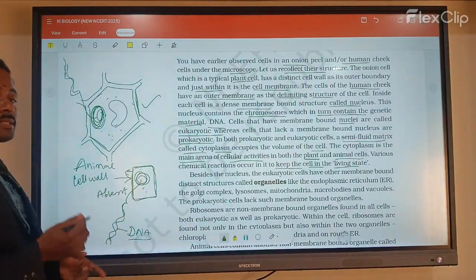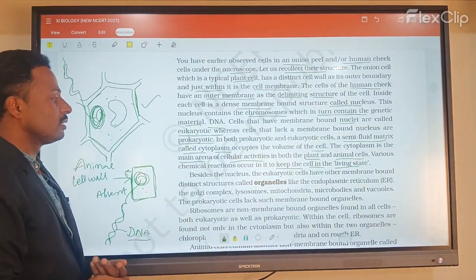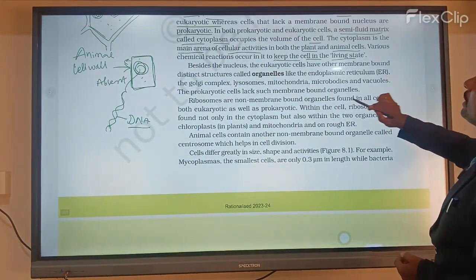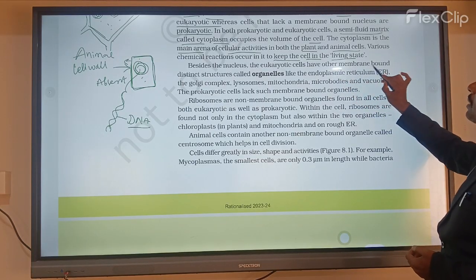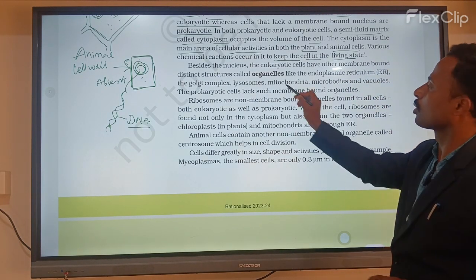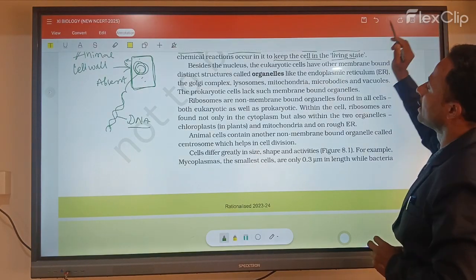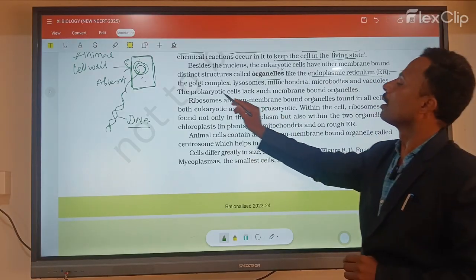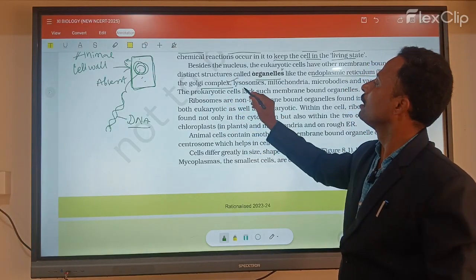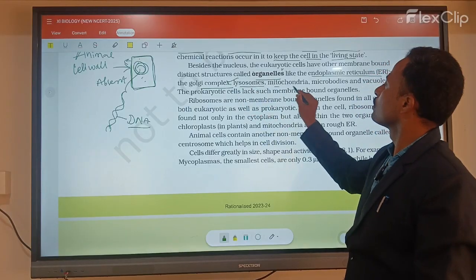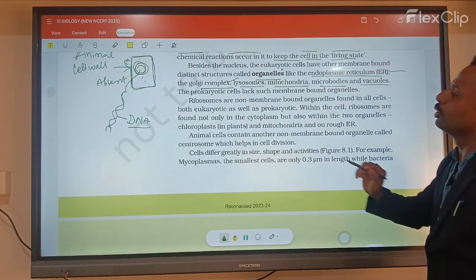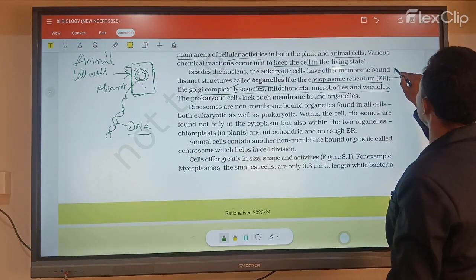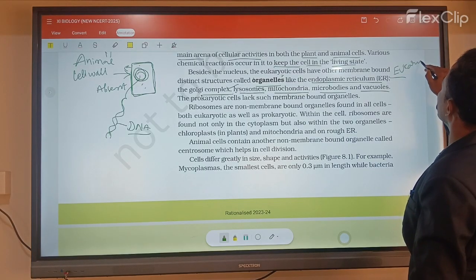Next, besides the nucleus, eukaryotic cells have other membrane-bound organelles. They are called organelles, like the endoplasmic reticulum, Golgi apparatus or Golgi complex, lysosomes, mitochondria, microbodies and vacuoles. These are present in eukaryotic cells.